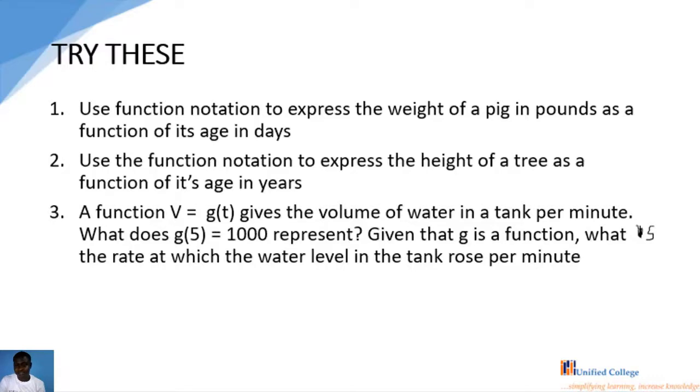All you need to do is divide the total volume by the total time that was used to fill the tank, and that will give you the rate. The rate is actually going to be in volume per minute.